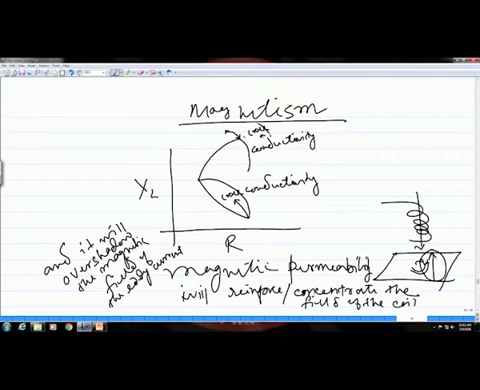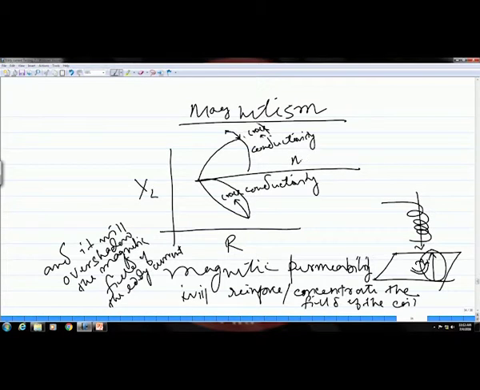Because the effect of conductivity is also going to remain the same. Okay. Only the reactance component is going to be different for the reasons that we have already discussed just now. Okay. So, this is how the response of the ferromagnetic material will be due to the magnetic permeability of the sample itself.